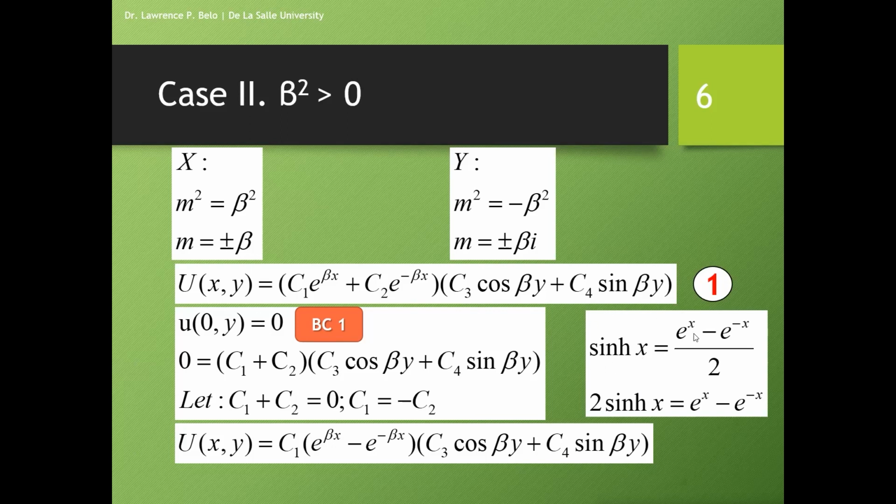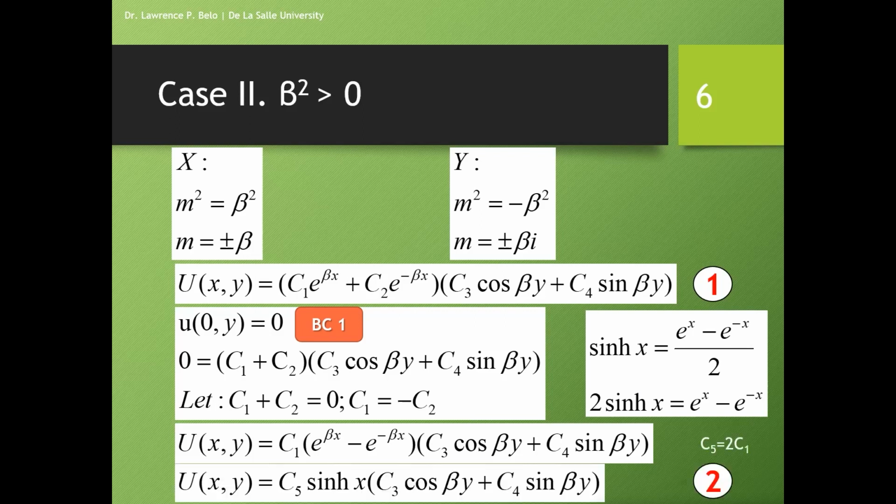So I can say that e to the x minus e to the negative x all over 2 is hyperbolic sine x, or e to the x minus e to the negative x is equal to 2 hyperbolic sine of x. Right? So what I did with e to the bx, e to the negative bx, C1, is convert it into hyperbolic sine.